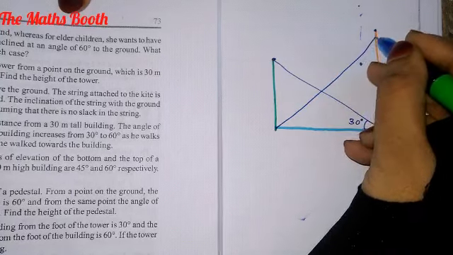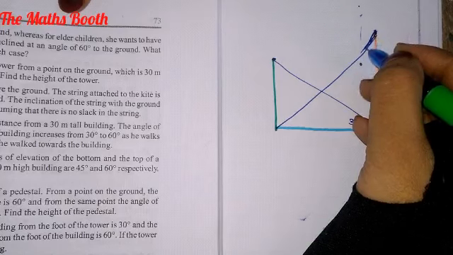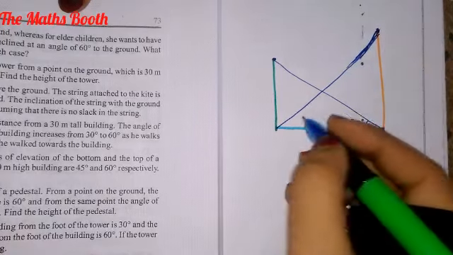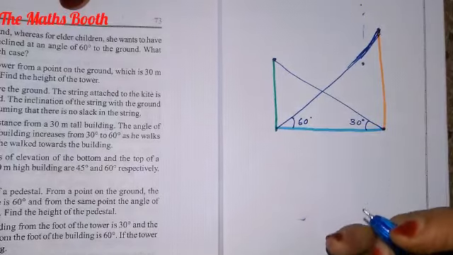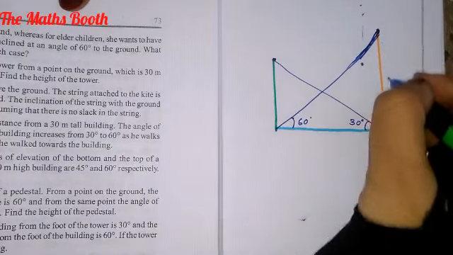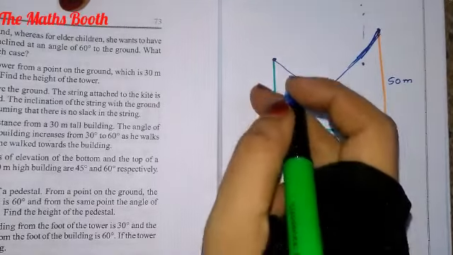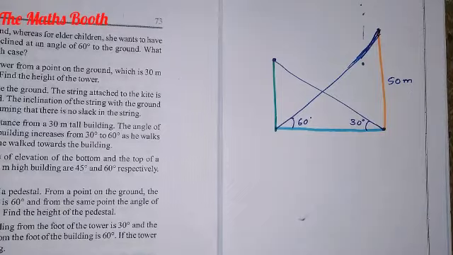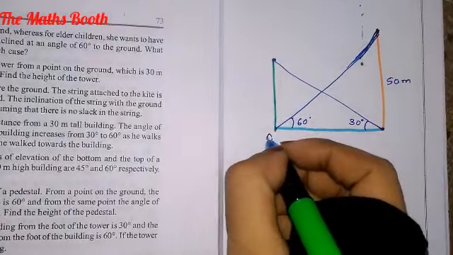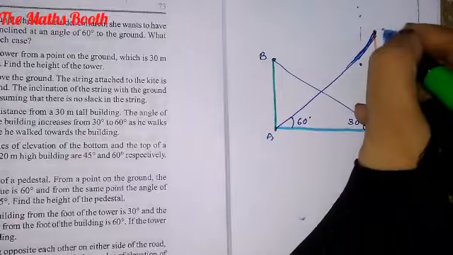Sorry, I have made a little mess here. Okay, 60 degree. If the tower is 50 meter high, this is the tower, 50 meter high. Find the height of the building. Now the building height we have to find. Let me write the names A, B and C, D.